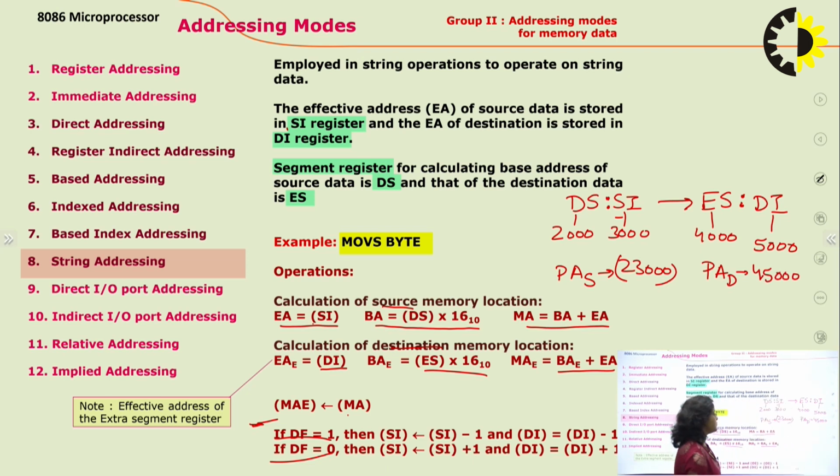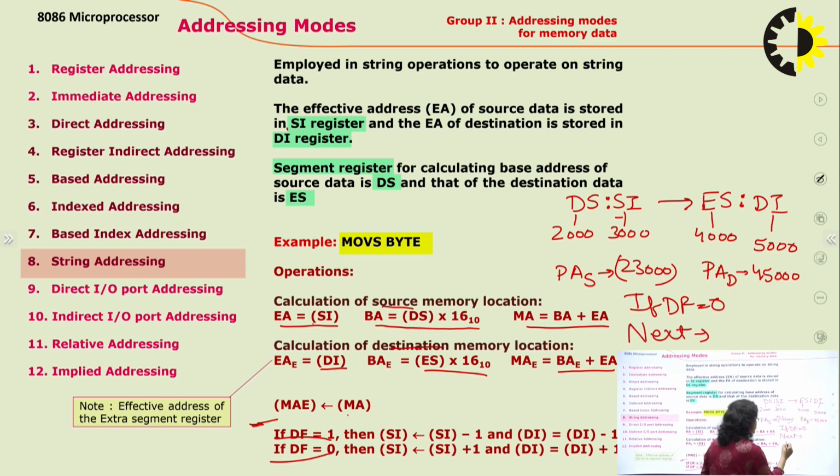If direction flag is 0, next address will be plus 1. So, next address हो जाएगा 23001 सोर्स का and 45001 destination का.